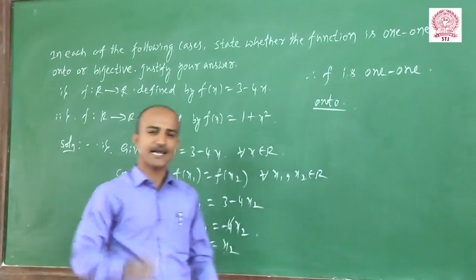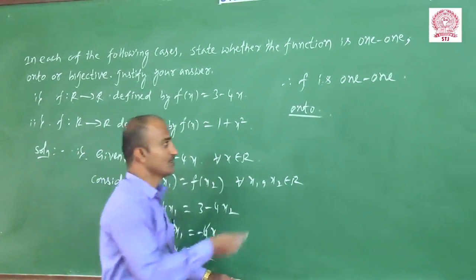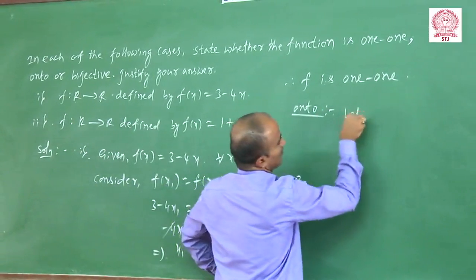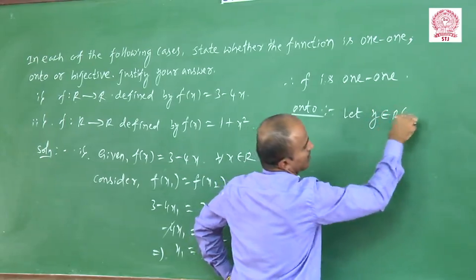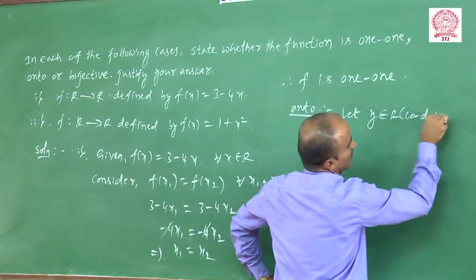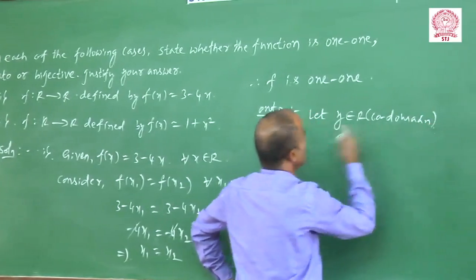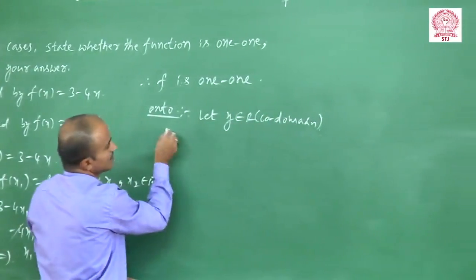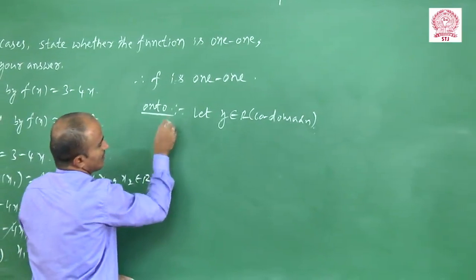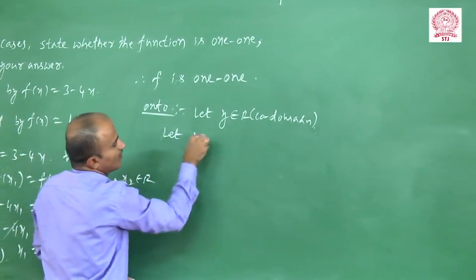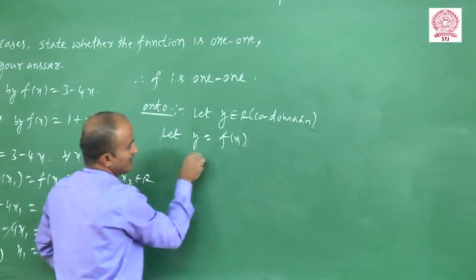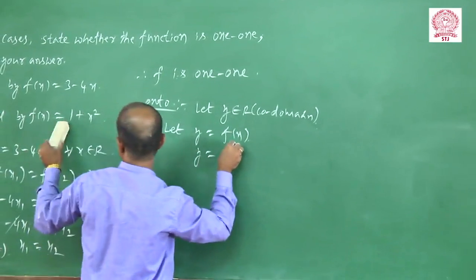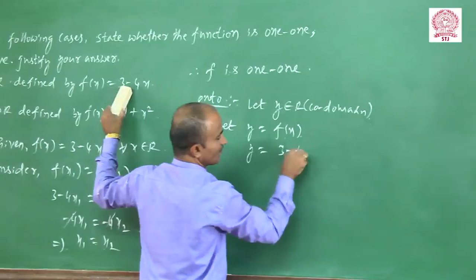we shall choose any arbitrary element from the codomain. Let y belongs to R, say codomain. Let y equals f of x. Then y equals, where f of x is 3 minus 4x.